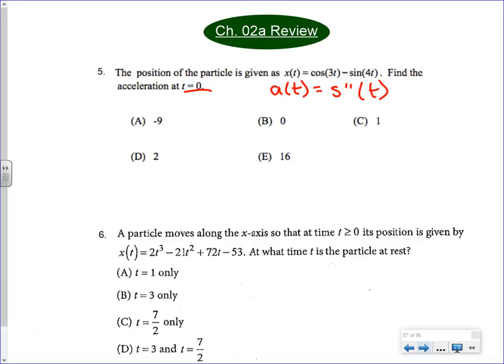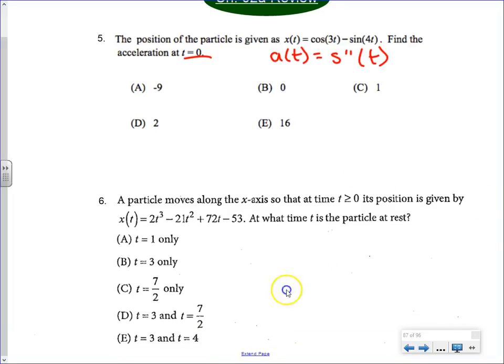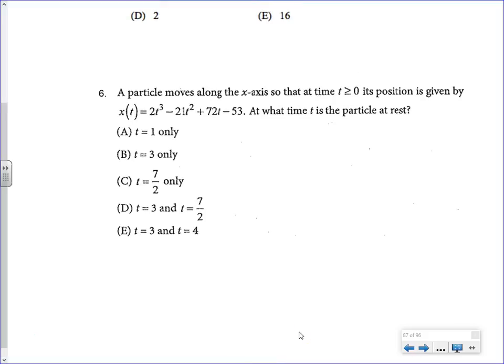Number 6. A particle moves along, blah, blah, blah, position. Guys, you're wasting your time. There are 13 of these. We're only going to get through like 7 now. A particle moves along, position, here it is. At what time is the particle at rest?